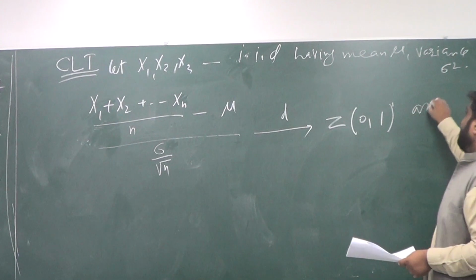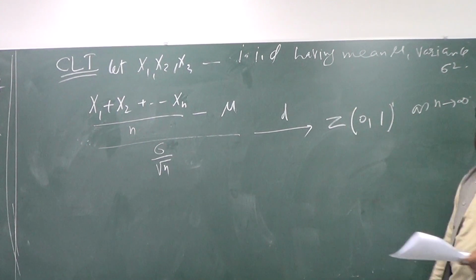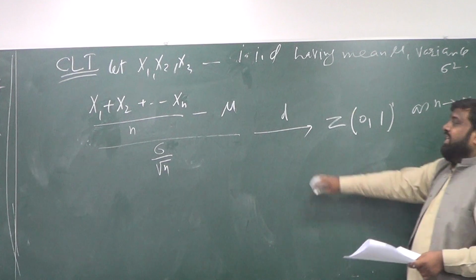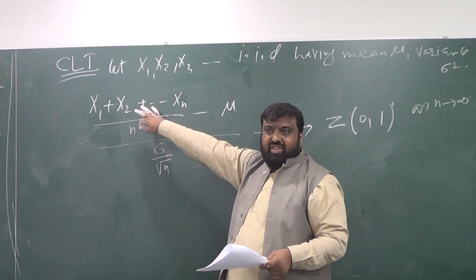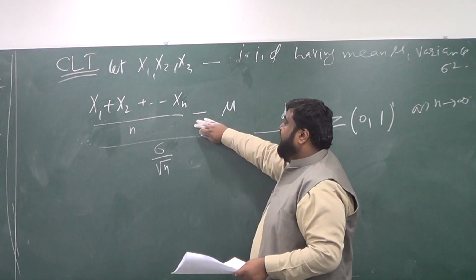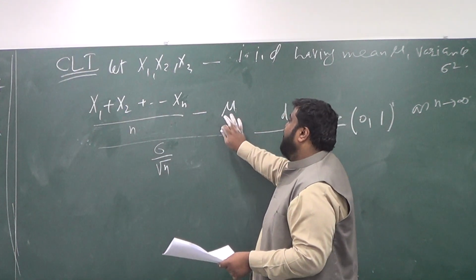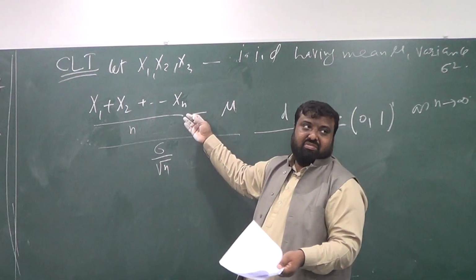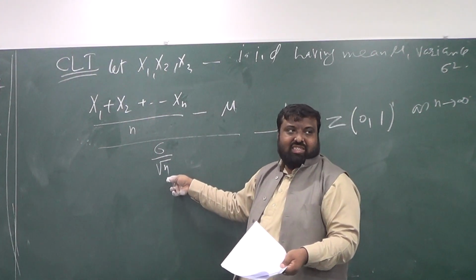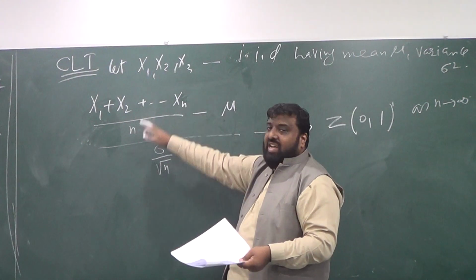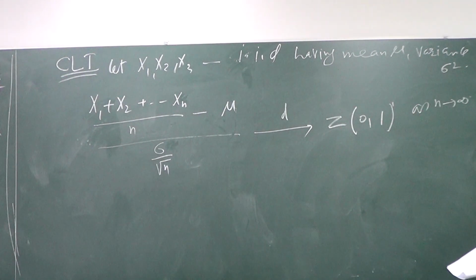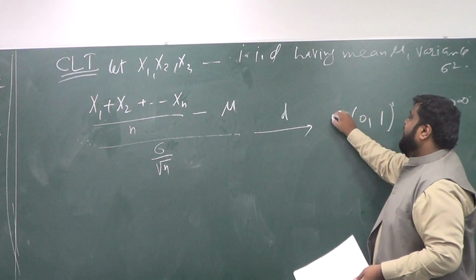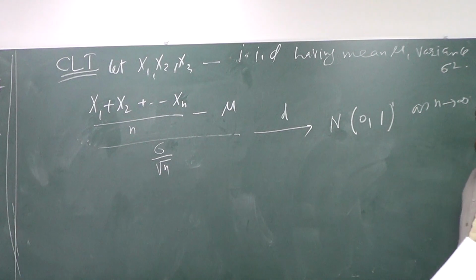In other words, you gather lots and lots of these, take their average, and you are standardizing it, subtracting the mean and dividing by the standard deviation. So this is going to converge in distribution to a standard normal distribution.